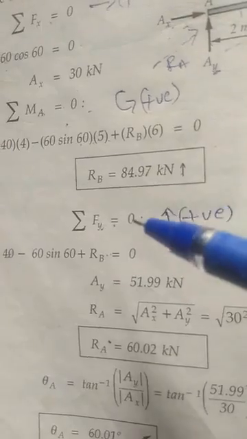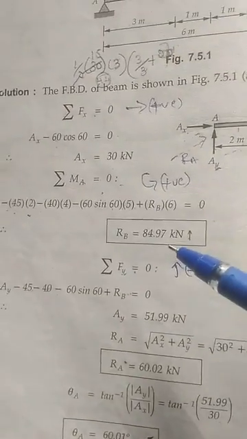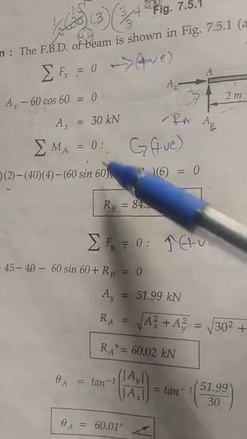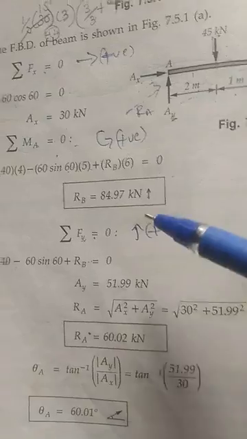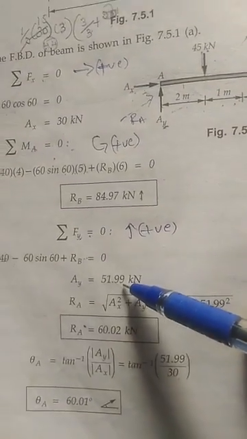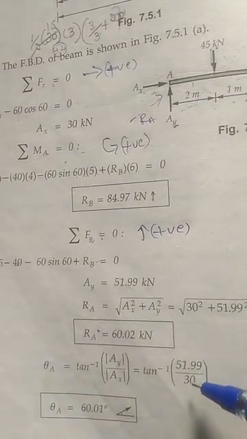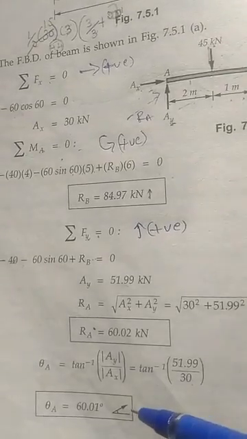Even if you get a negative answer you have to take it positive, that's why the modulus. You already determined the AX value and AY value. AX is 30 and AY value is 51.99. Just insert the values and find out the theta value.